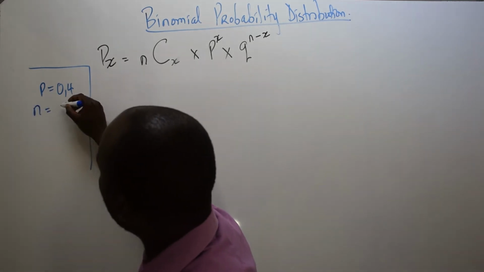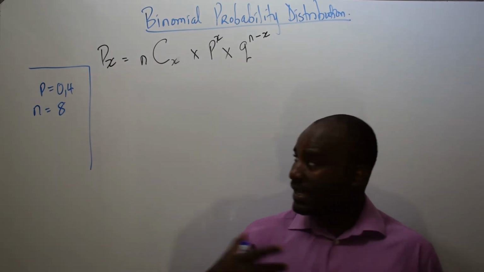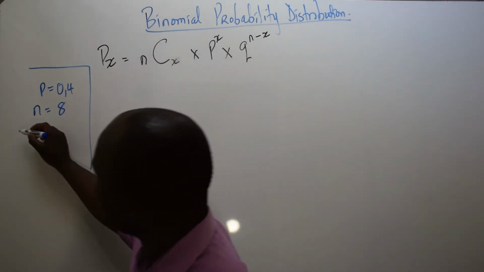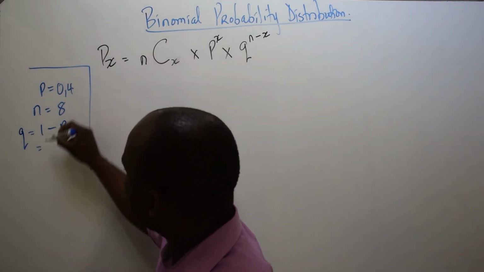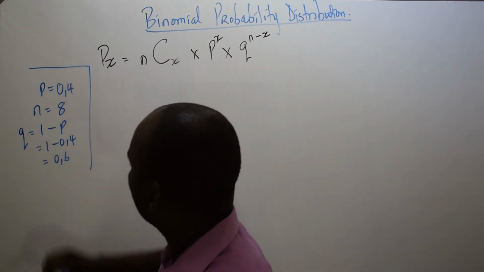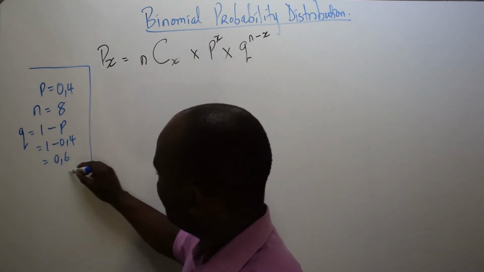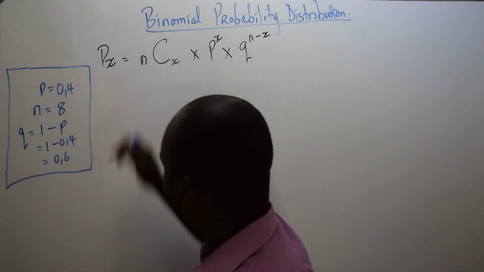Your n in this case is 8 phone calls. And then what is our q? Our q is equal to 1 minus p, so this is 1 minus 0.4, which is 0.6. Having identified what we need, we should be able to answer the question through substitution into the formula.